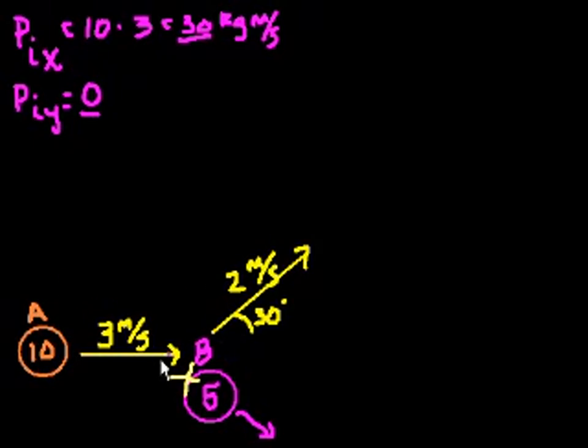Let's figure out what A's momentum in the x and y directions are. To do that, we just have to figure out A's velocity in the x and y directions, and then multiply by the mass, because the mass doesn't have any direction. So let's figure out the x and y components of this velocity.